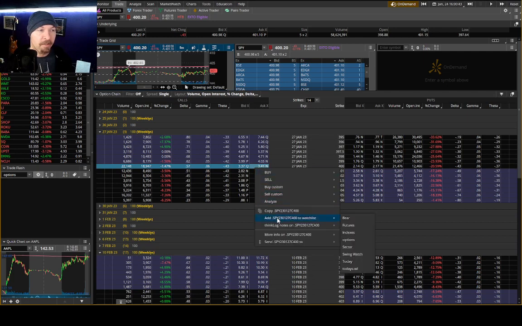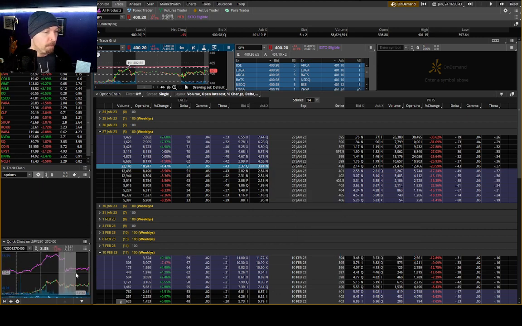Let's take a look here on the quick chart. The 400s went from about $2.42, and we maxed out around 3.25. So that's pretty good. That is like 60%. So a 60% trade by using the Confluence model.